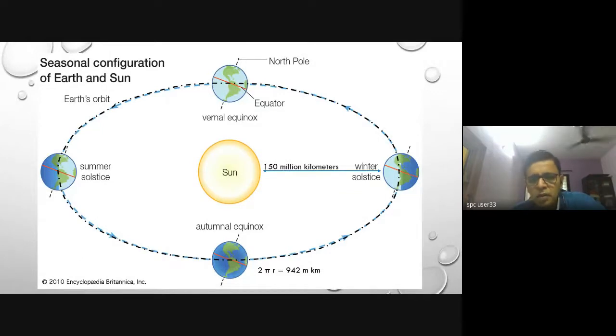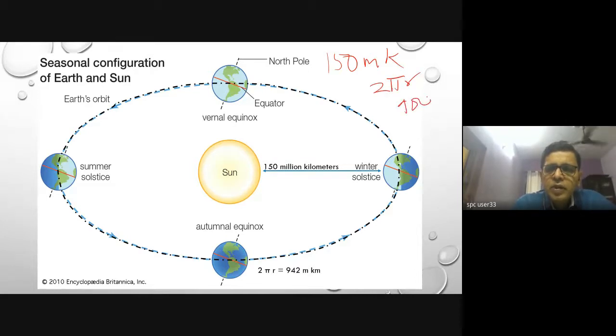Why did I say yesterday, when we calculated the circumference, that the Earth moves around the sun at approximately 150 million kilometers, and 2 pi r, yesterday we calculated it somewhere around 900 million kilometers, and you can just imagine the speed at which the Earth tends to move and rotate, and of course, the eccentricity that happens as far as this axis is concerned.